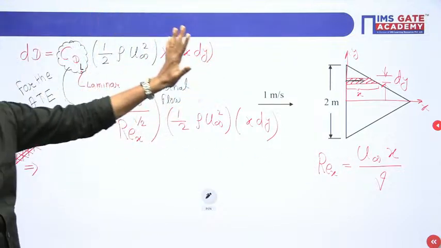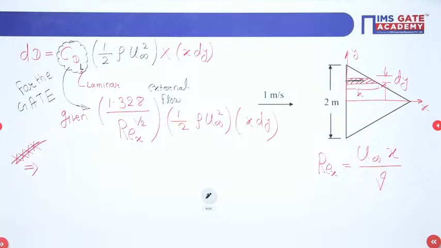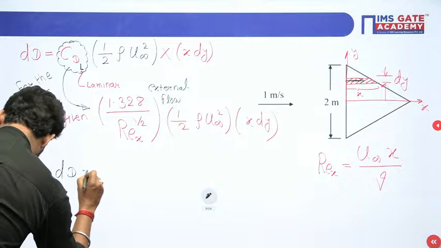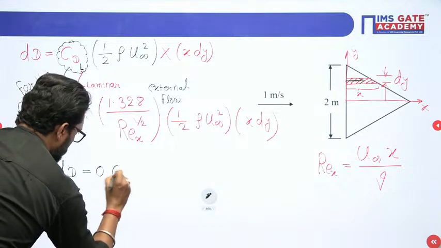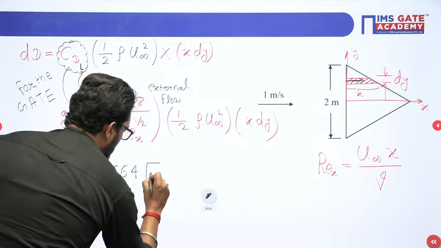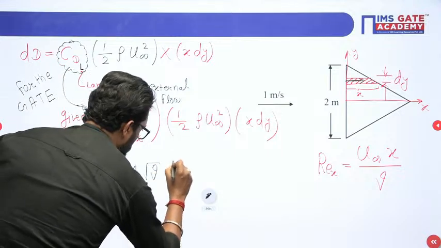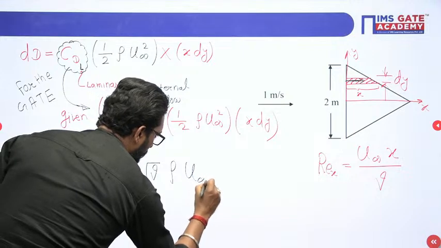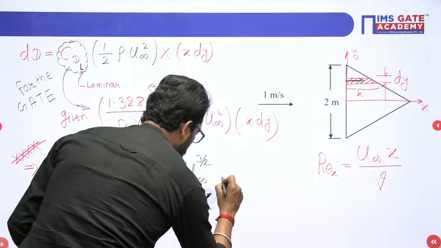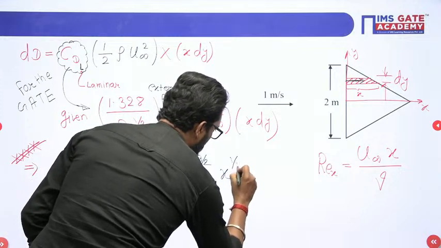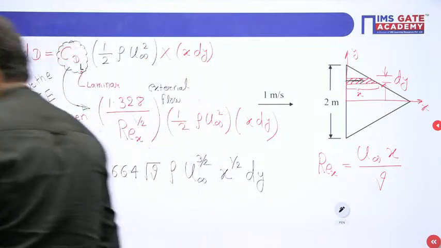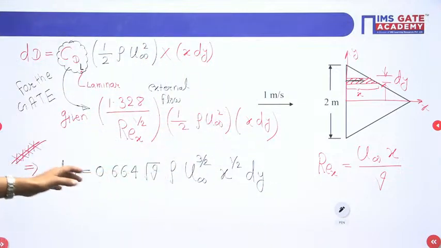After rearranging, the small drag looks like 0.664 times the square root of kinematic viscosity, density, U infinity to the power 3 by 2, x to the power minus 1 by 2, into dy. Just do the practice, because there is a high chance of making a mistake here.